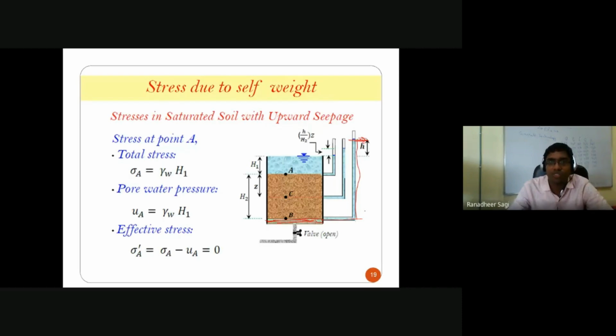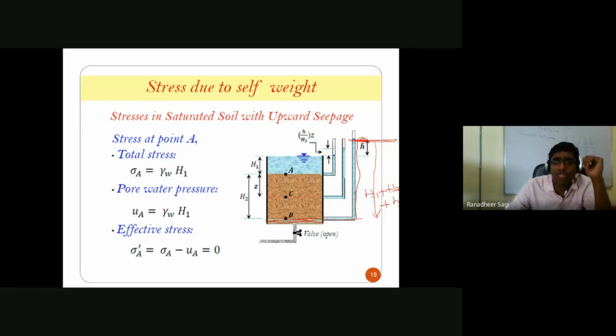Once we say this much pressure head, it's nothing but from point B the water is getting raised up to so much reference height in the standpipe. So this height is what we can simply write as H1 plus H2 plus small h, indicated additionally over and above the water table position. That's my pressure head at point B.